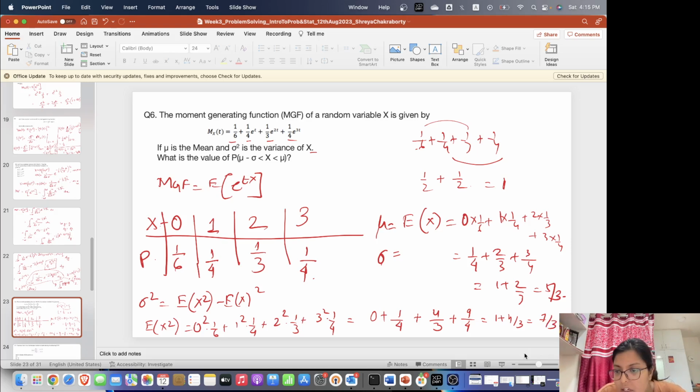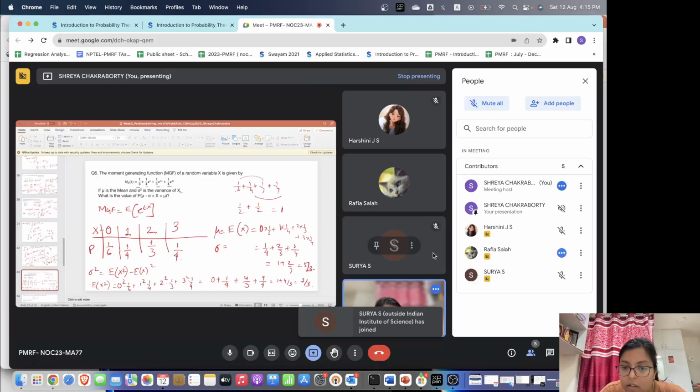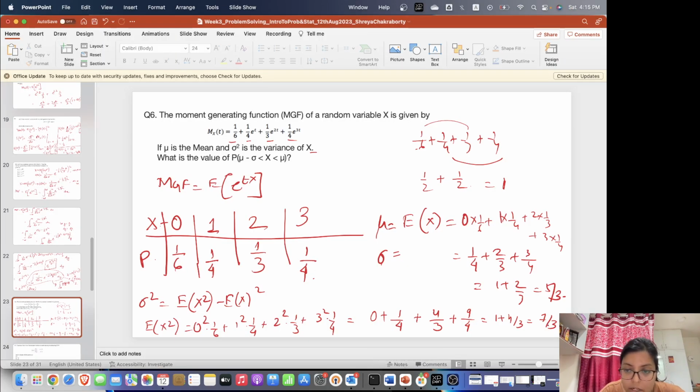Is it 13? I'm getting 7 by 3. Is there any mistake I did in my calculation? Can you check? No, that's fine. So this is expectation of x square that I have calculated. So you are talking about sigma, right? Yes, ma'am. Alright, so sigma square is 7 by 3 minus 25 by 9. Yes, my mistake, ma'am. I forgot to square the expectation of x term. Okay.